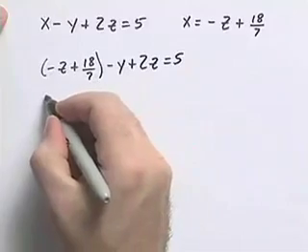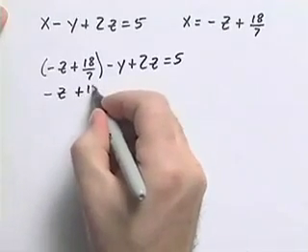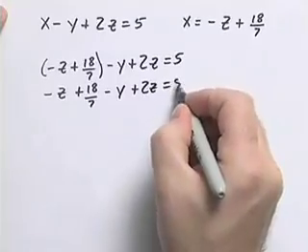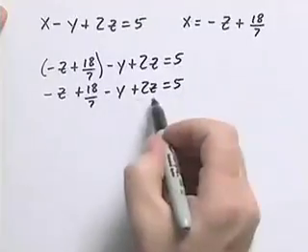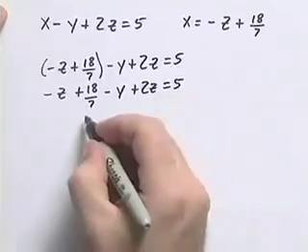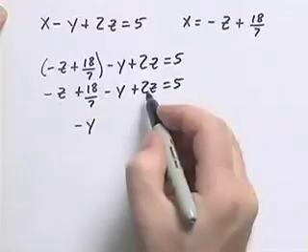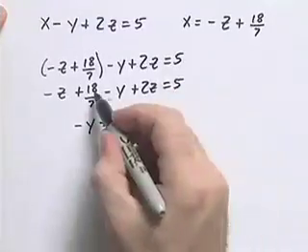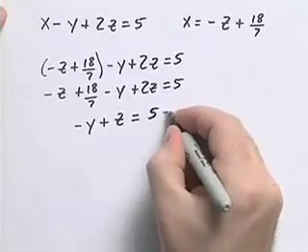We can use our grouping symbols, and collect like terms here and bring this 18 sevenths to the other side. So we'll have negative y, negative z plus 2z is plus z, equals 5 minus 18 sevenths.